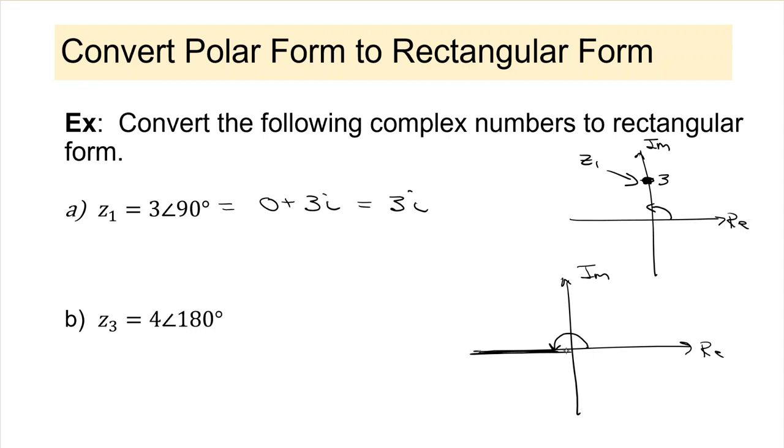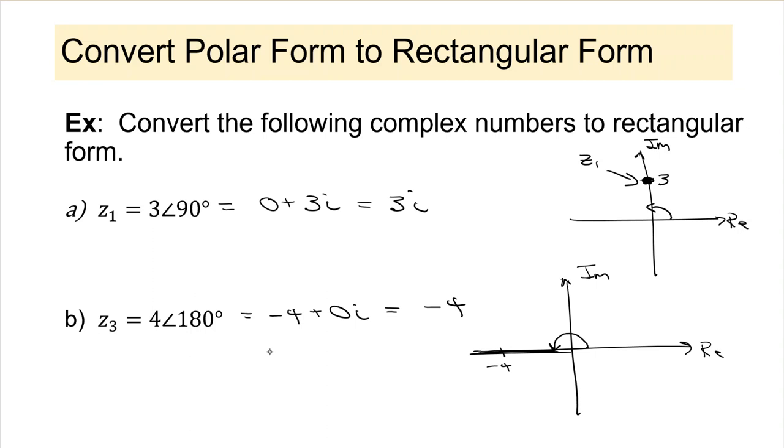The magnitude was 4 units. So 4 brings me over here to what would be -4 on the x-axis. So what does that mean? It means my real part is -4, and my y value, my imaginary value, is 0. So there's no imaginary part, so this is actually just the real number, -4.